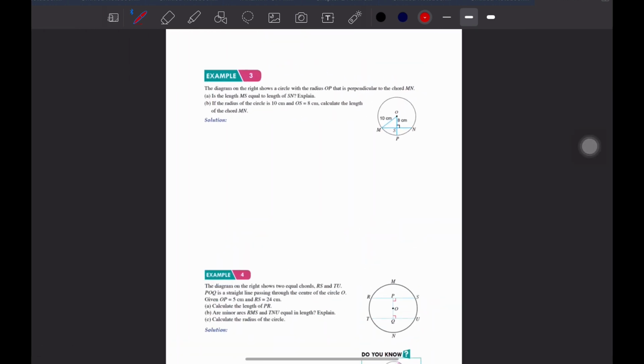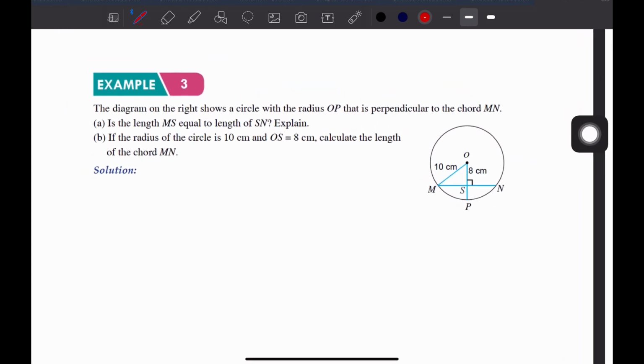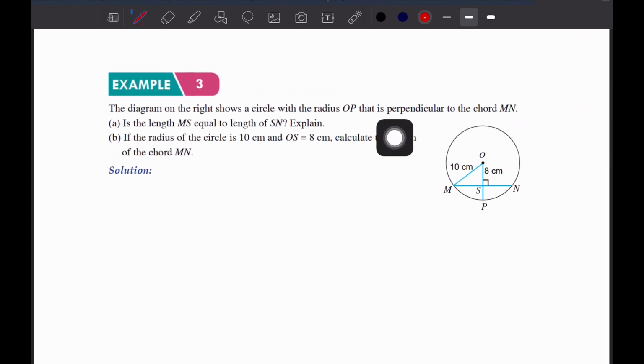Okay, next, let's look at example 3. The diagram on the right shows a circle with radius OP. The radius OP is perpendicular to the chord MN. Is the length MS equal to the length SN?